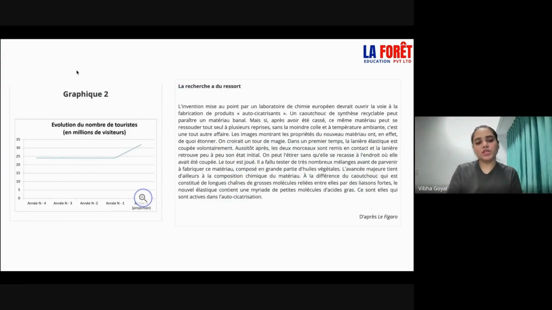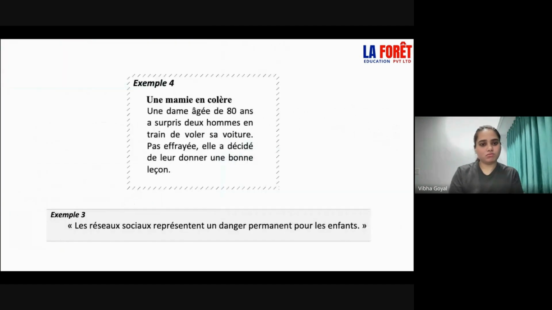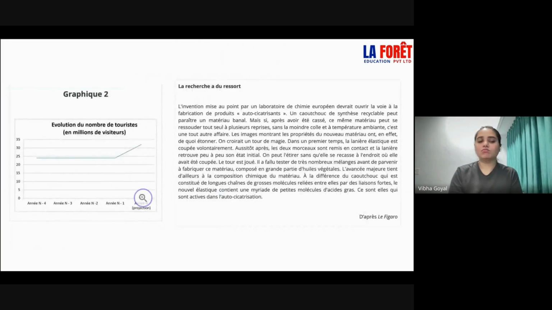So we have two more examples for the reading section. This one is the graphic that we were talking about. So there could be multiple graphics in one question or just one graph for the whole questions.